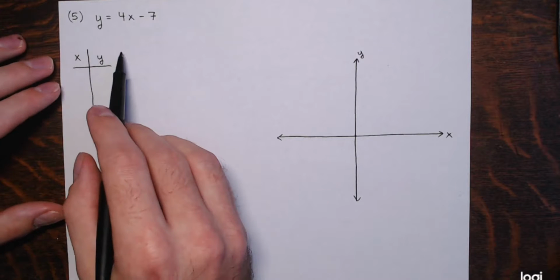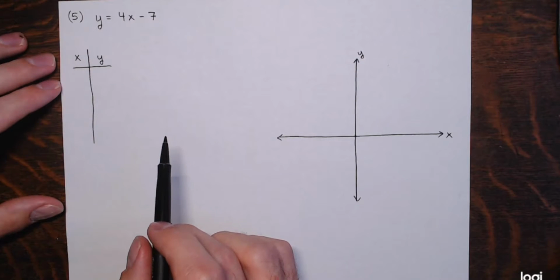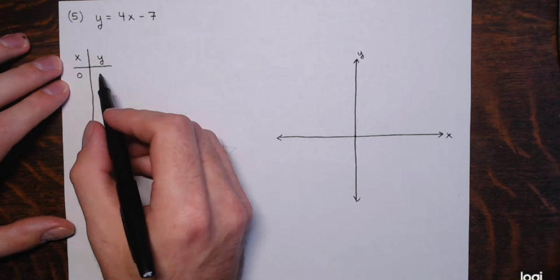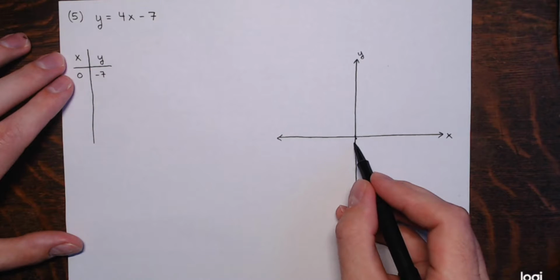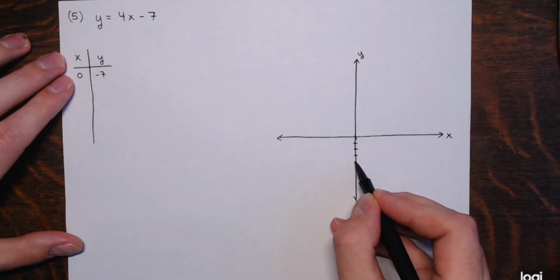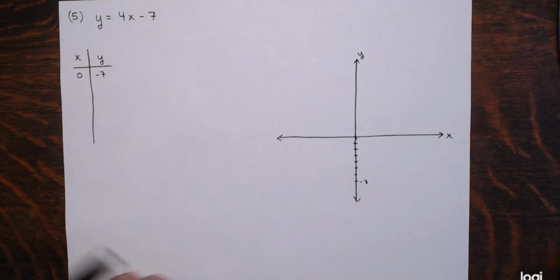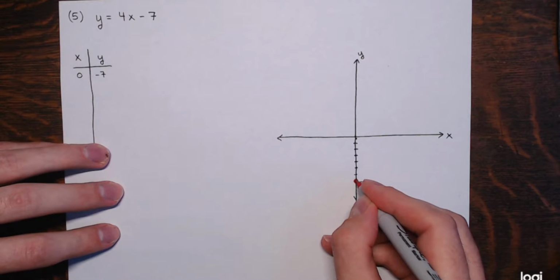This time I'm not going to put the ordered pair. We'll see them right next to each other, so we can see what points we're going to plot. So if x were 0, clearly y would have to be equal to -7. So 0 for x, and then -7 for y. We're on the y-axis right here. So there's 1 point.